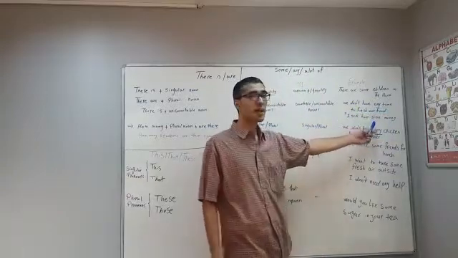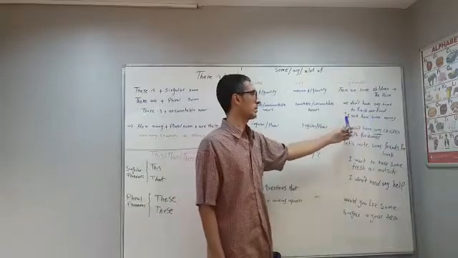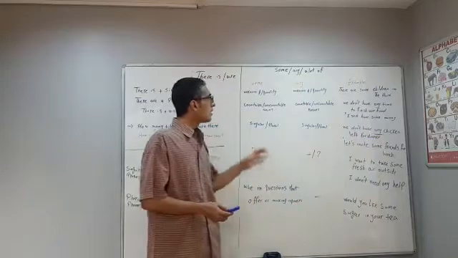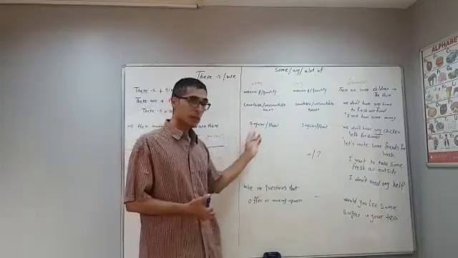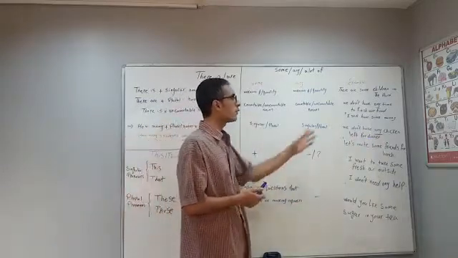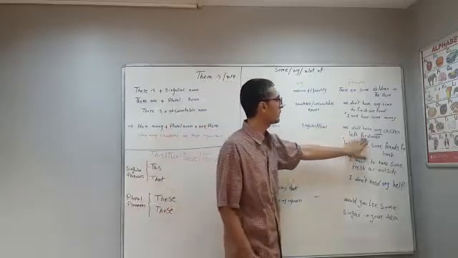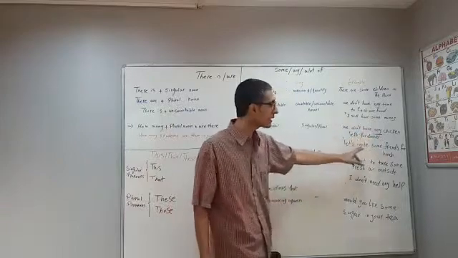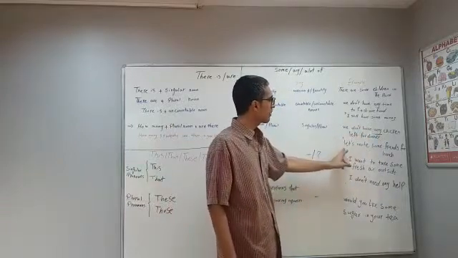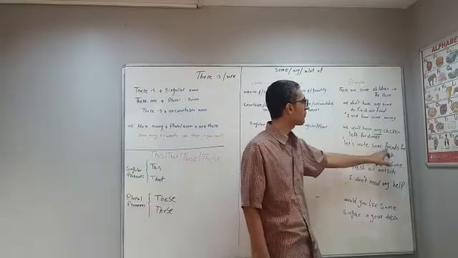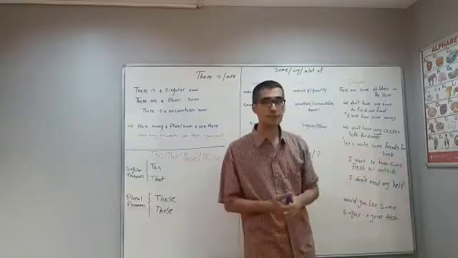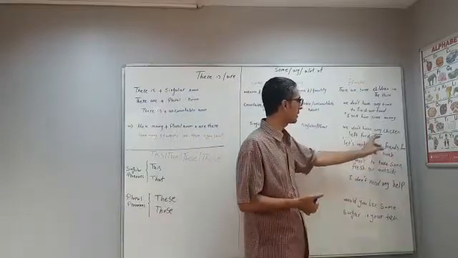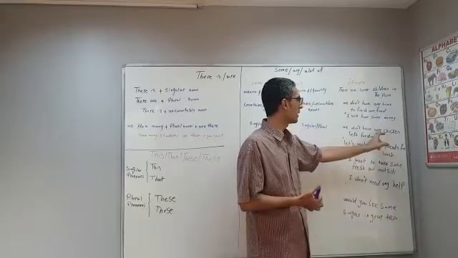I still have some money in my pocket, for example. Some and any are both used for singular and plural. For example, we don't have any chicken left for dinner. Another example, let's invite some friends for lunch. So here, friends, some. Here, chicken, singular, any.